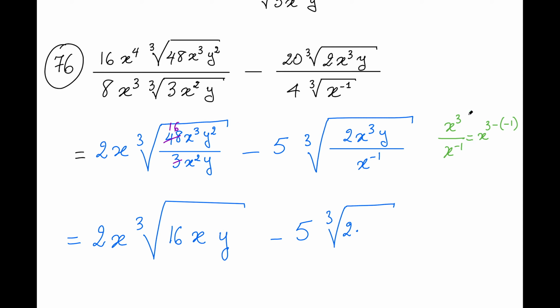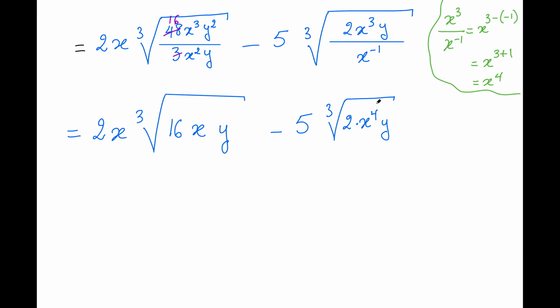So you keep the base and you subtract the exponent of the denominator from the exponent in the numerator, right? Earlier property, probably a couple sections before. And minus the minus 1 becomes a plus 1. So 3 plus 1, which is 4, right? So this would be like a little explanation here. So here I get x to power 4 times the y. All right.